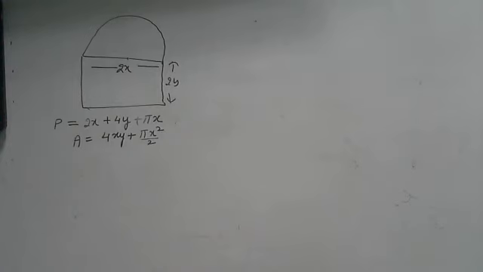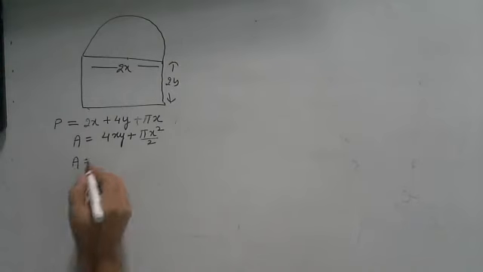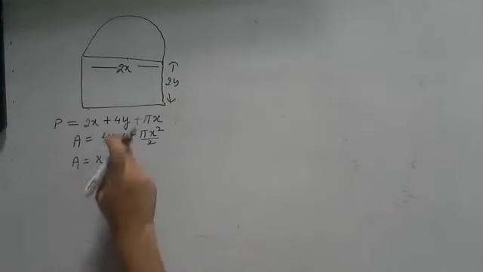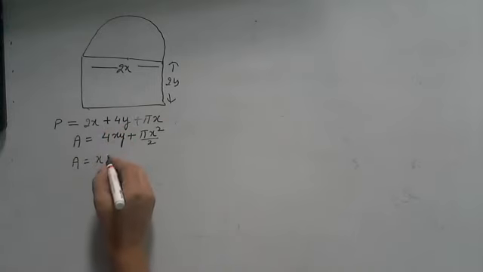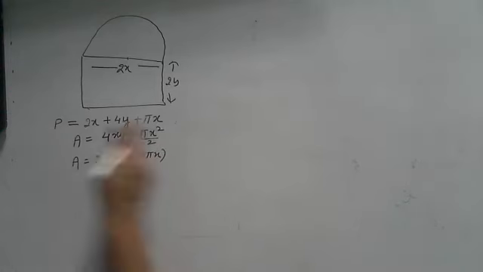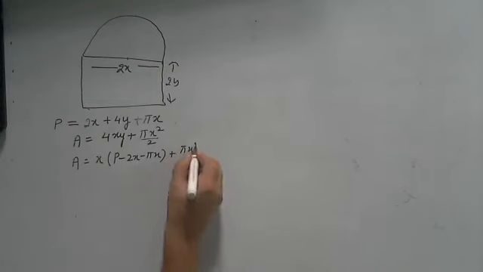Now let us write this expression A in terms of one variable. So in terms of one variable, we need to take the value of y. What should be the value of y from here? Let us take 4y here, and take all the other things to that side. That is something like p minus 2x minus pi x, when we take all the things to the left hand side, plus pi x square upon 2.